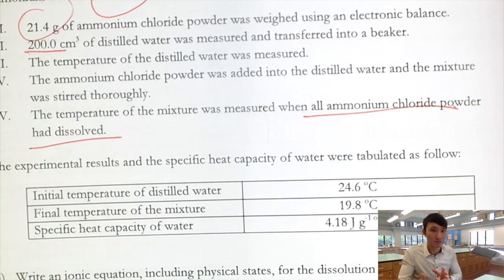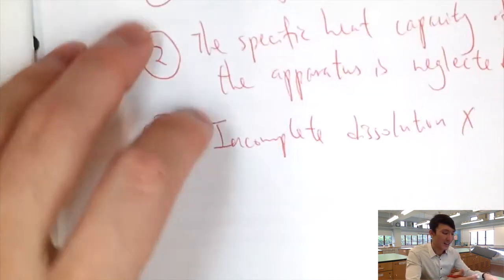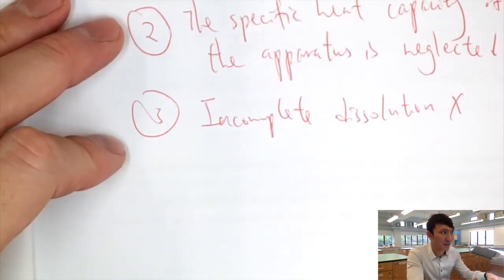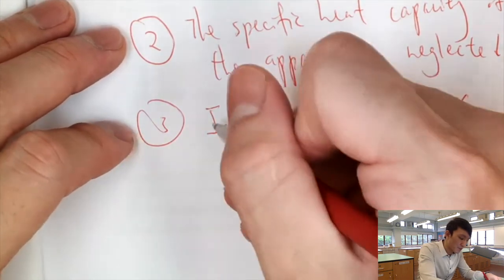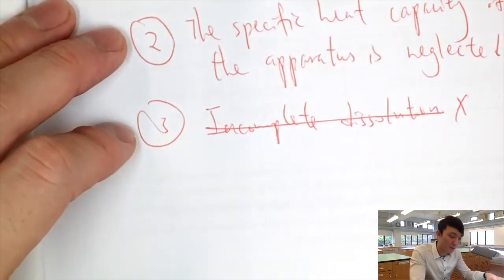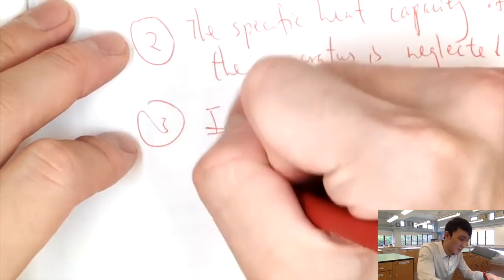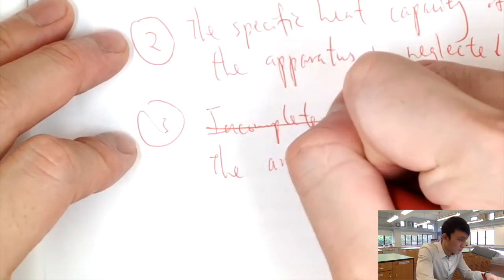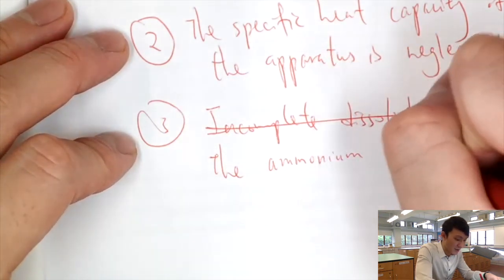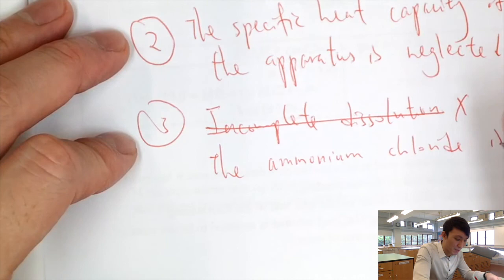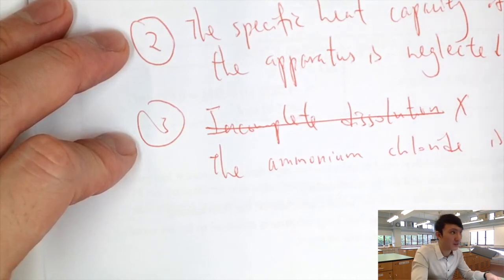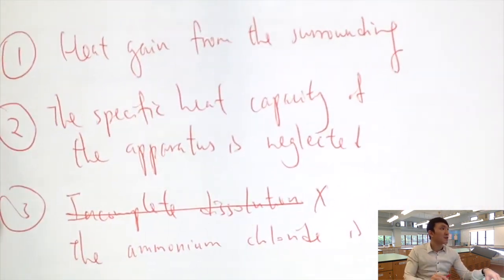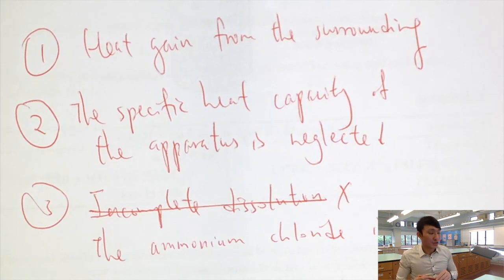So we can't again say that it is the incomplete dissolution. Now this one may not be a good choice. So we may probably say that the ammonium chloride is impure. That one may be better. Okay? So that would be some possible answers.